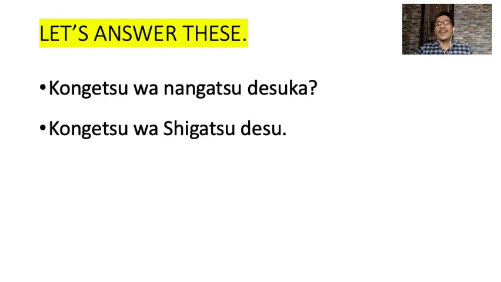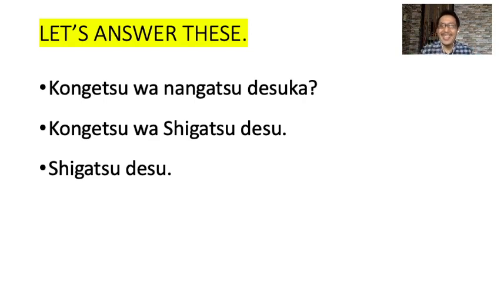Okay, the correct answer is 今月は4月です. So this month is April. Or you can also go with a shorter version, as I mentioned earlier, 4月です. So in a casual conversation, you can just go with a shorter version. But in a formal conversation, it is a common practice to say the complete sentence. Okay? Are you still doing well?